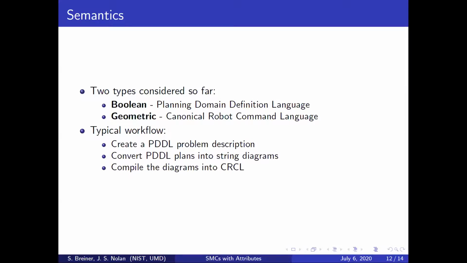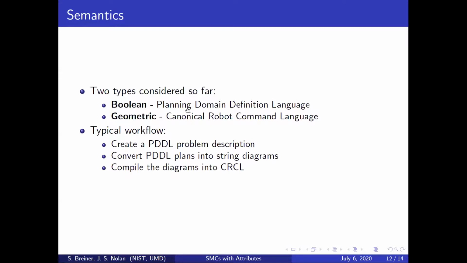And there's a geometric context, which relates to the Canonical Robot Command Language, which is a much lower level language, and can be used to describe how robots should act in order to accomplish a goal.